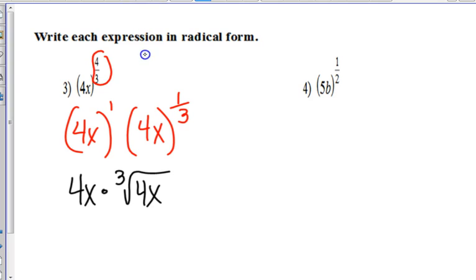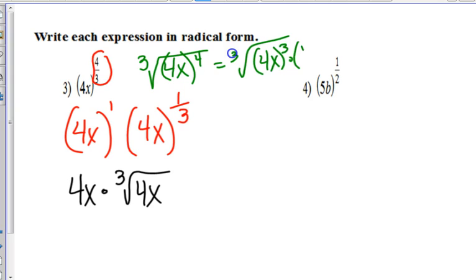Some of you would have started out like this, to the 4th, okay? But that means there's 3 of them plus an extra one. So if I wrote this out, I would have cubed root of 4x 3 times with an extra 4x. So this takes care of that. Now, you could have done 4 to the 4th and then worried about simplifying it, but it would have been much messier. All right, this is a super easy one, guys.